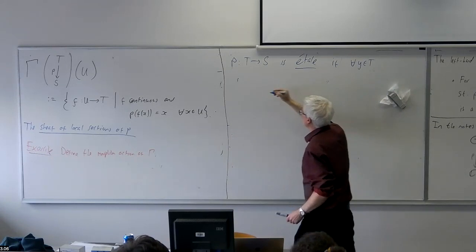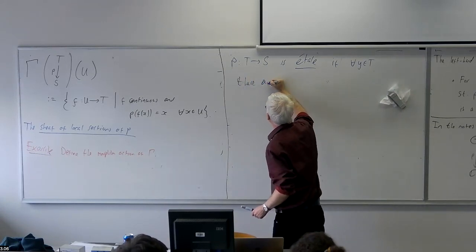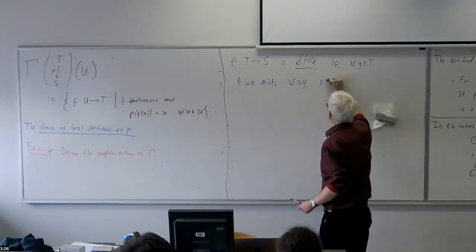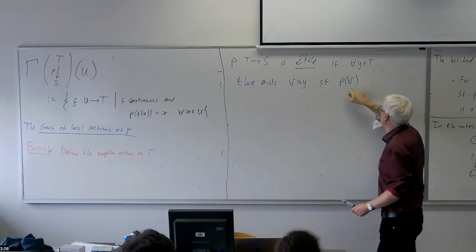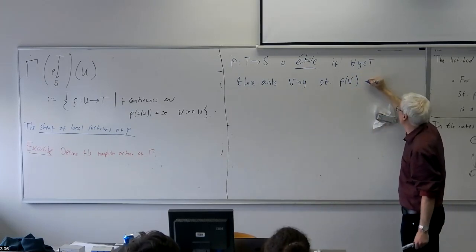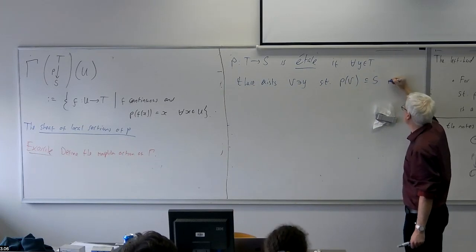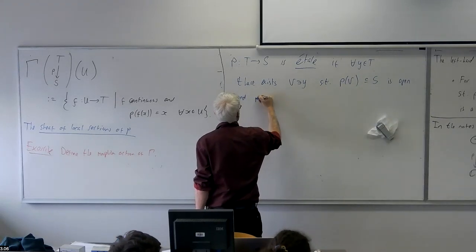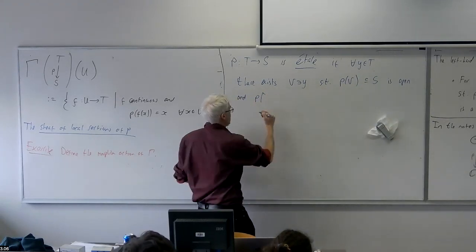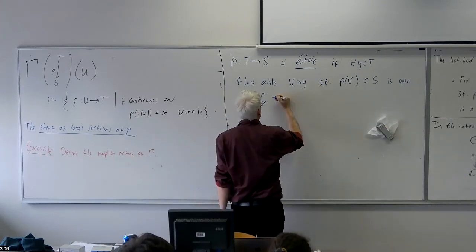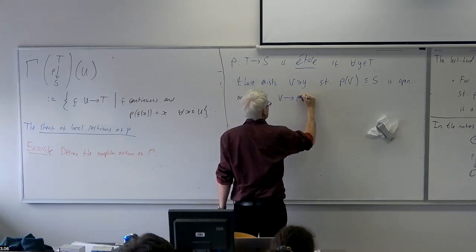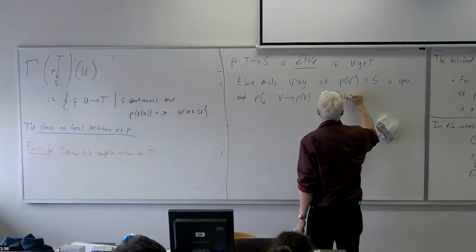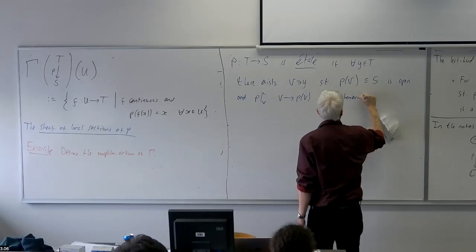For all y in T, there exists some open neighborhood of y such that the direct image of V under P is open, so that's a subset of S that's open in S. And if we restrict the function P to this open set V, then that's a homeomorphism.